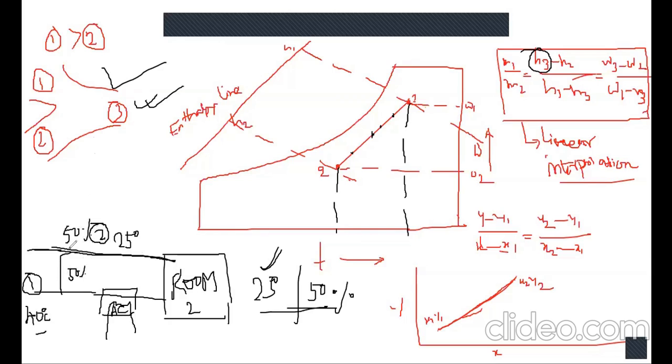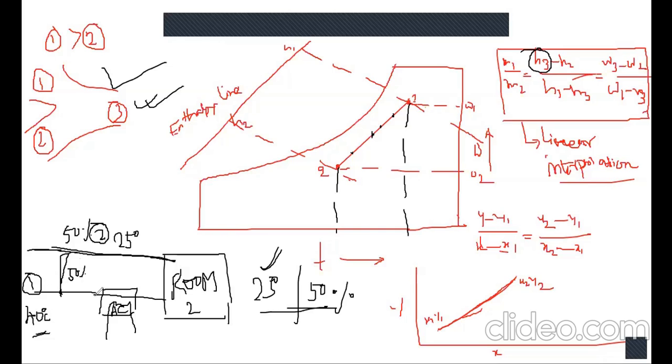50% of used air mixes with fresh air, which is at 40 degrees. State 1 is fresh air at 40 degrees, and the 25 degree air is used air, which we want to use 50% with the fresh air.